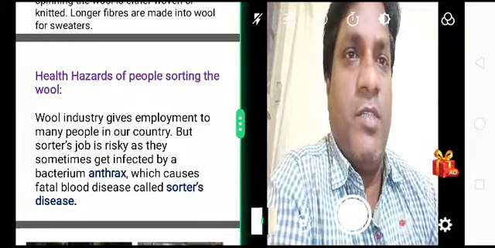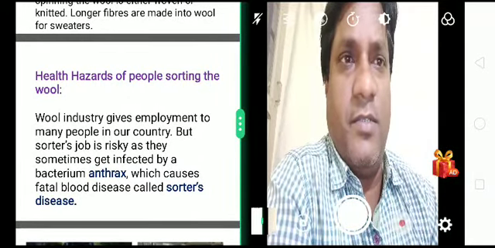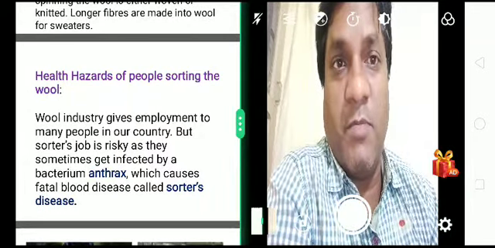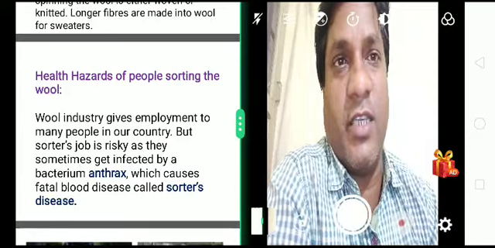So the health risk in the wool industry is especially there for the sorters.